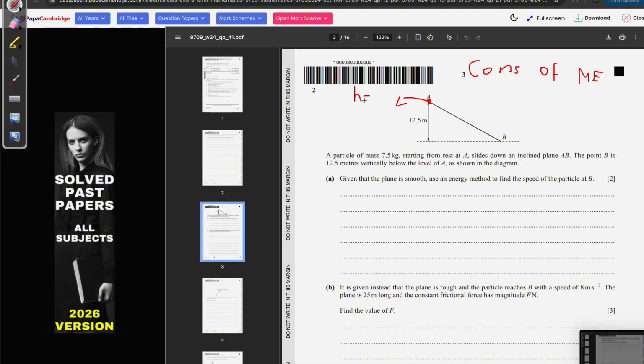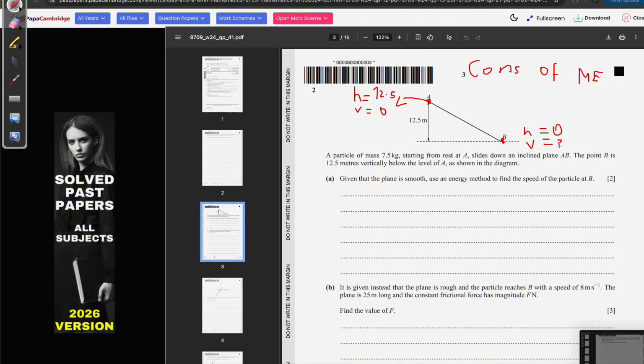Height is equal to 12.5, right? The velocity is 0. But at B, height is 0. And we need to find v here.